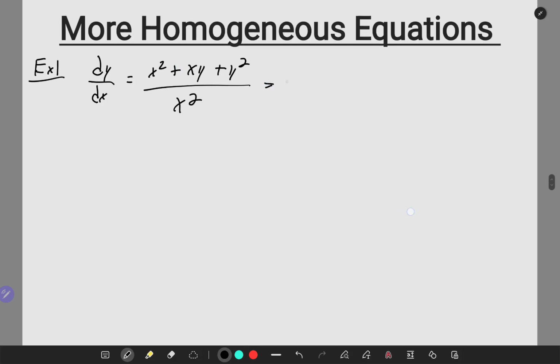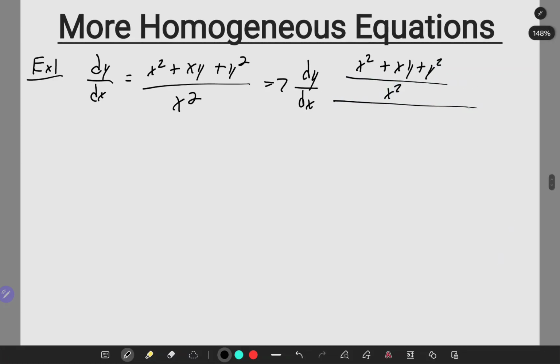So this will become dy/dx equals x squared plus xy plus y squared, over x squared, over x squared.